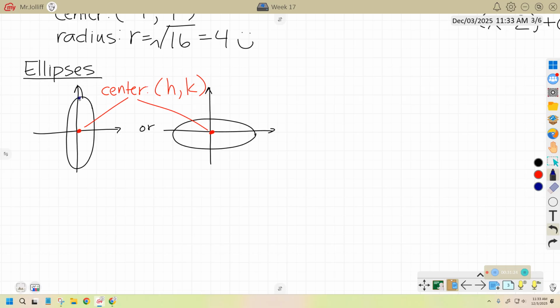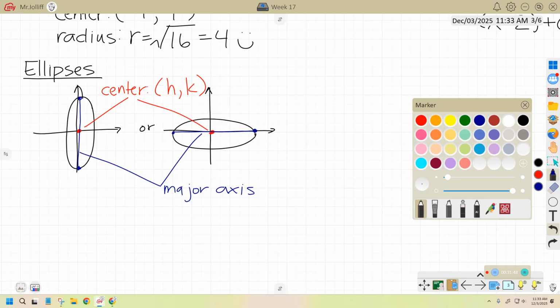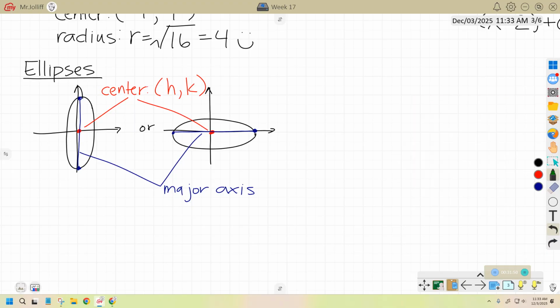The major axis is the long side. And then we get a minor axis through the short side. Notice they are passing through the center.